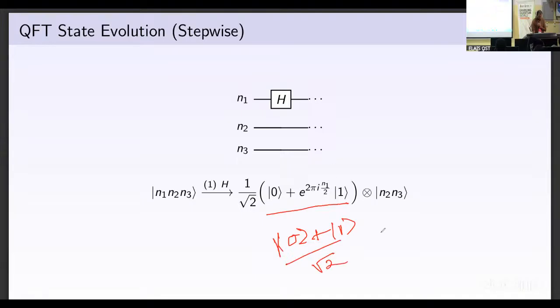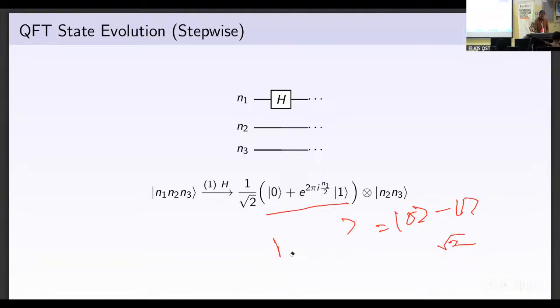And when n1 is 1, it becomes 0 minus 1 by root 2. So this is the general structure of a Hadamard output. And the rest of the qubits remain intact because we have no gate acting on them.